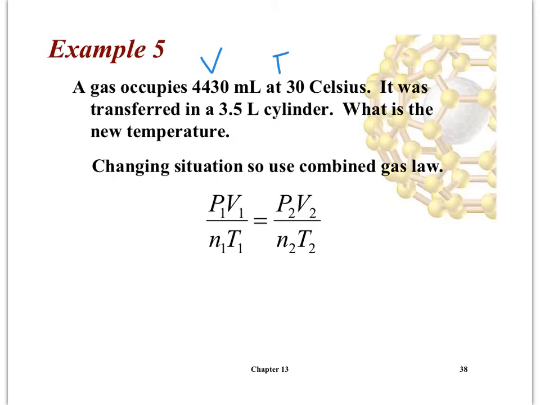So that would be 303 Kelvin. Then it says another volume. So I'm going to go back and label these as V1 and T1. And then this is going to be my V2. And I'm asked, what is T2?